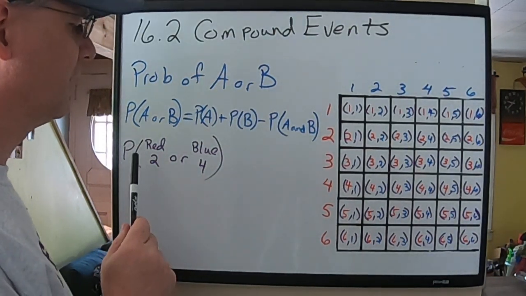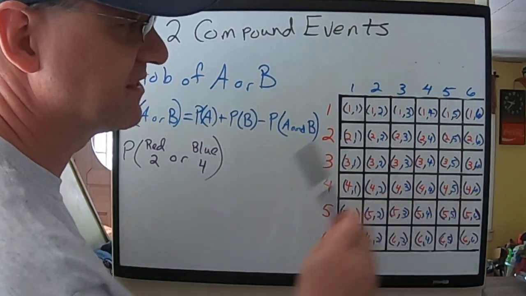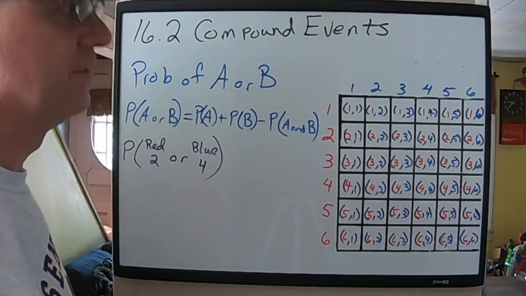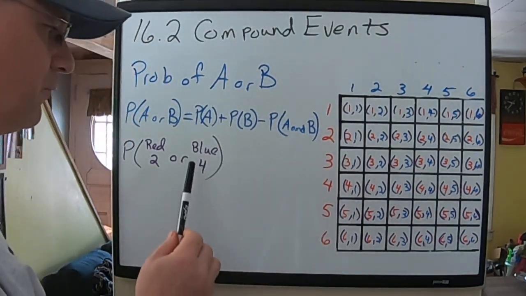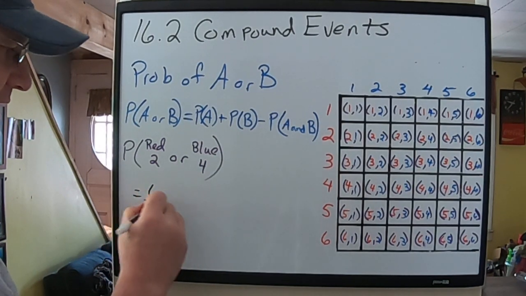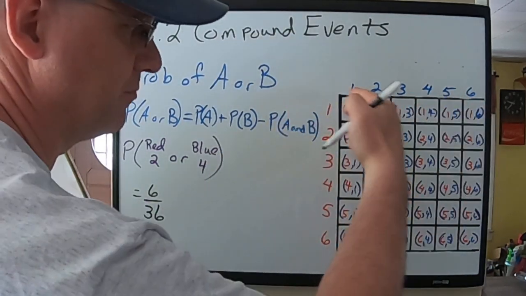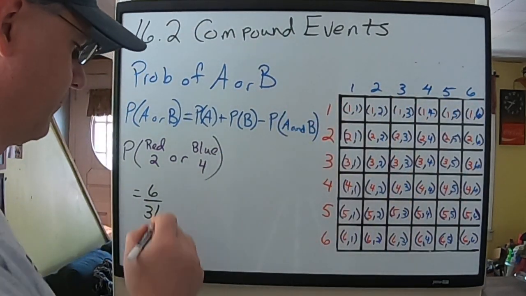Now, if you roll a 2 on the red, there's 1, 2, 3, 4, 5, 6 ways that can happen when you're rolling 2 dice. So there's 6 out of 36. 6 times 6 is 36.